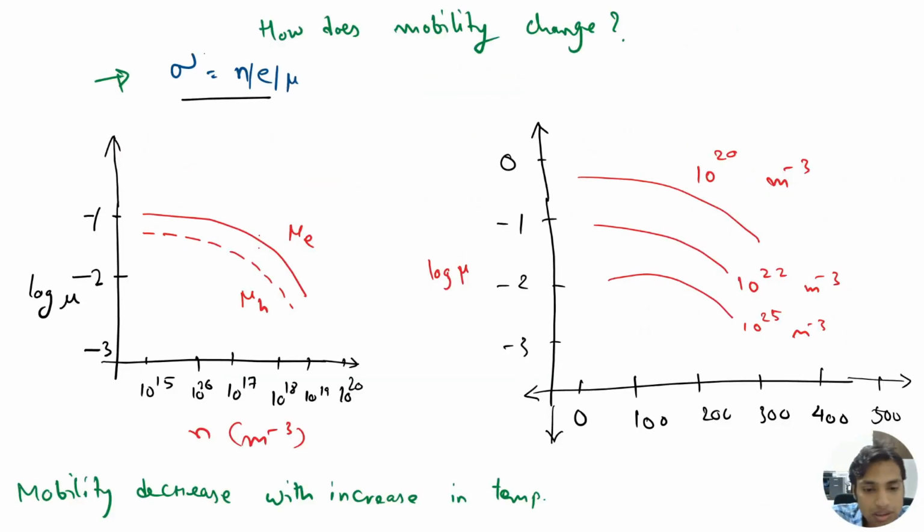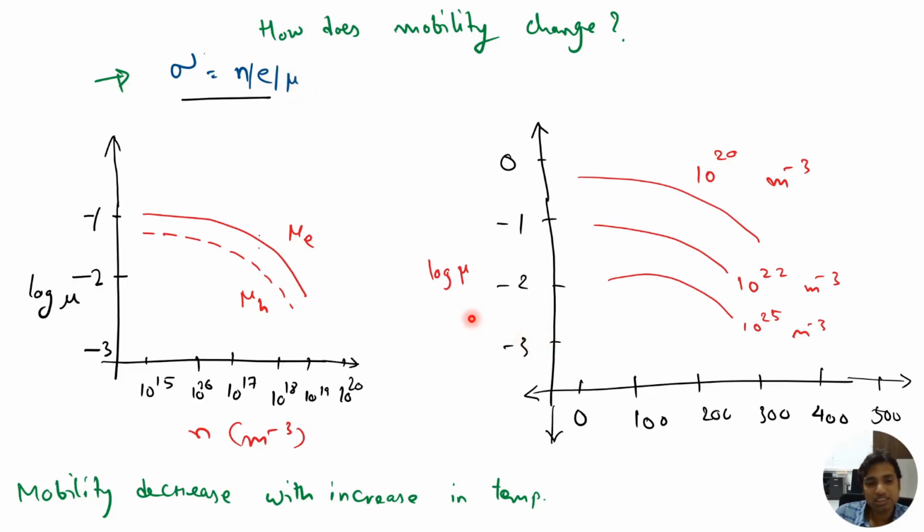So next is how the mobility changes. Mobility, if you remember, is related to the conductivity, sigma = n e mu. The electrons are more mobile than your holes, and if you increase the temperature, then your mobility will decrease. That's what we had seen also in the Drude theory.